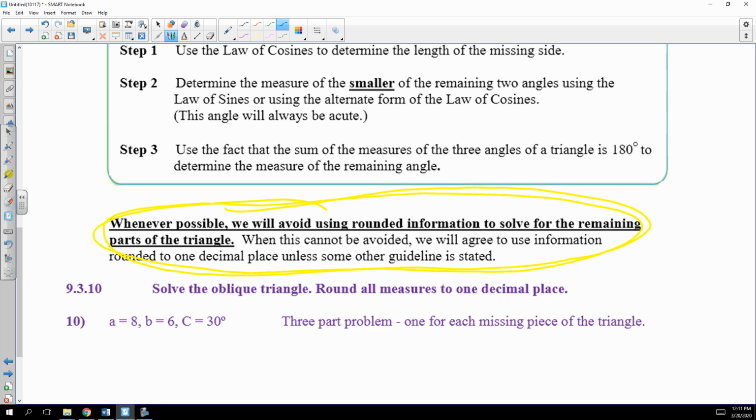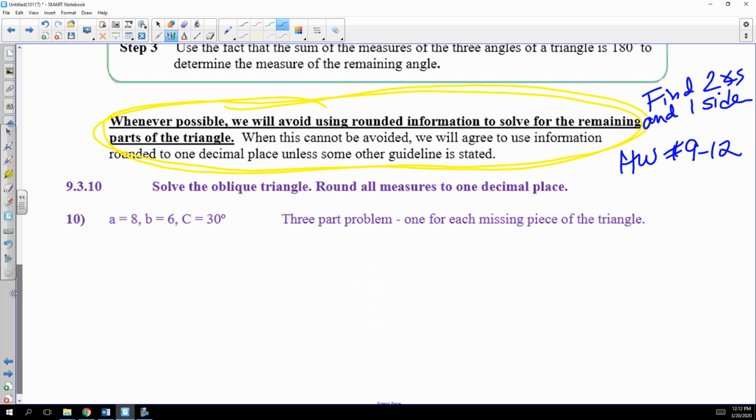These next problems are like homework numbers 9 through 12, because you are looking to find 2 angles and 1 side. You have 2 sides given and 1 angle, so the information missing is 2 angles and a side.